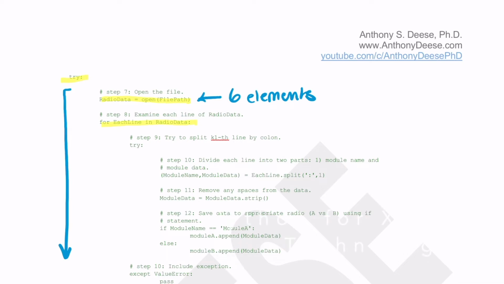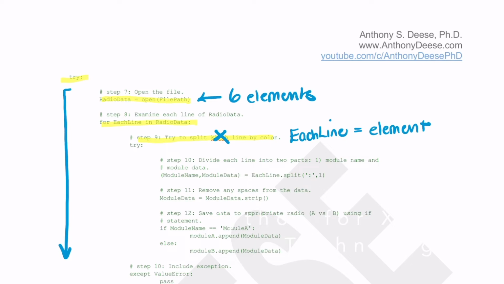And we are going to try to split each line by a colon. Now I write K1 line, but actually we are not indexing it in that way. We are indexing it by each line. And each line represents the element, not the index number.